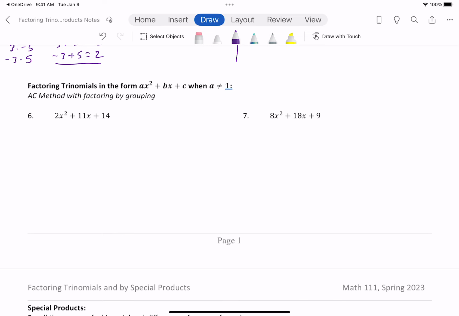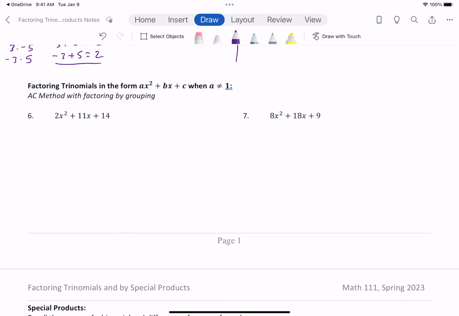The first one is 2, so we only have factors 1 and 2. But think about instead if that number was something like 12. Then you have 1 and 12, you have 6 and 2, you have 3 and 4. There's a lot of different things that it can be, and we start to get a lot of different options that we have to try out.